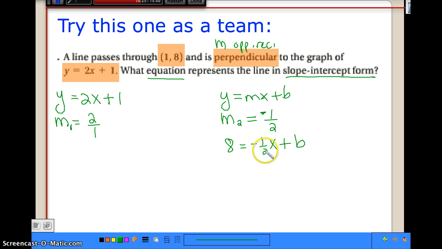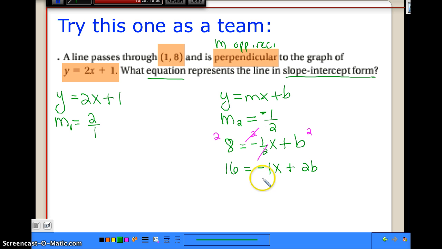So let's get rid of this 2. Let's multiply everything by 2. That will get rid of our fraction by using the LCD. Just make sure you do it to all terms. That 2 will cancel with that 2, which will get rid of my fraction part, but I'll end up with 16 is equal to negative 1x plus 2b. Okay, whoops.